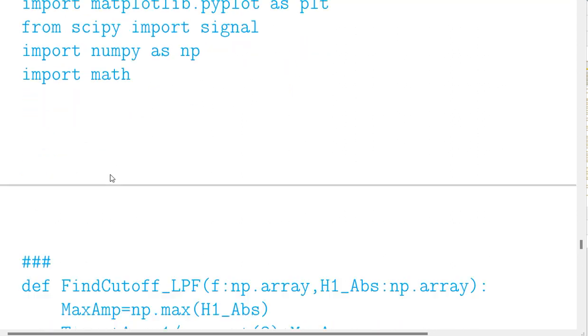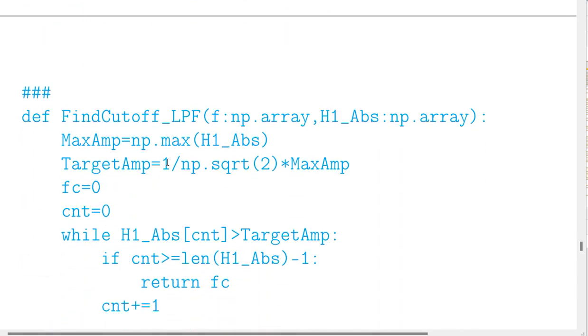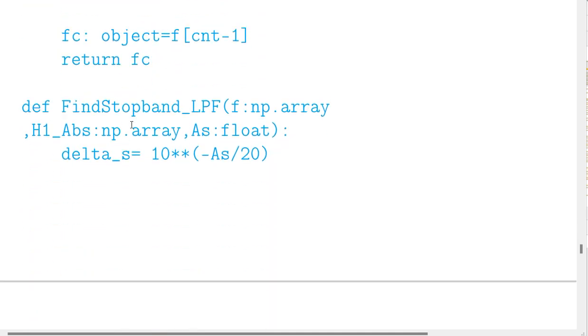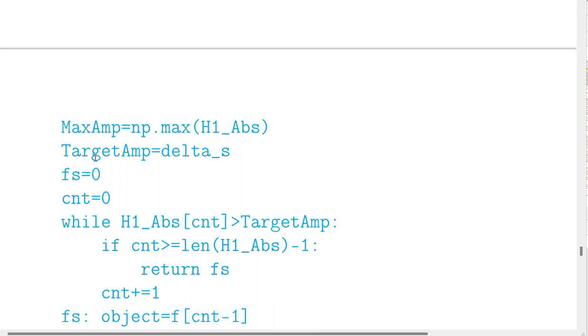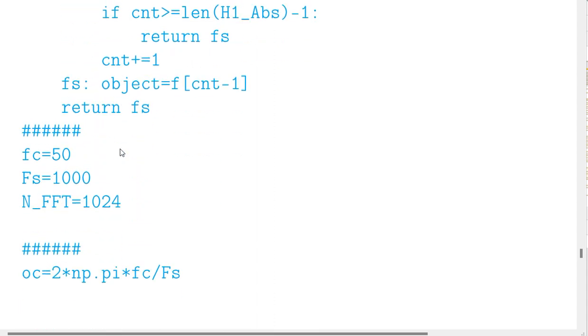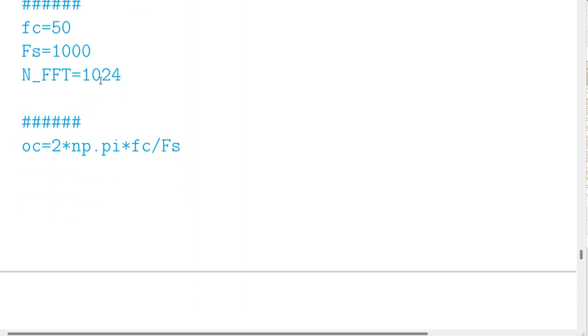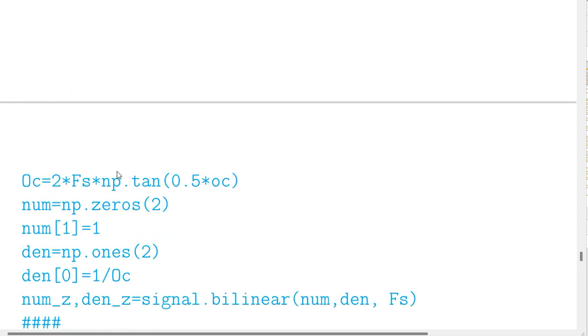Anyhow, cutoff the same strategy we mentioned earlier. Stop band the same. Now, declaration. FC 50 hertz, sampling frequency 1000. N of FFT the same as regular, the definition we just had so far.